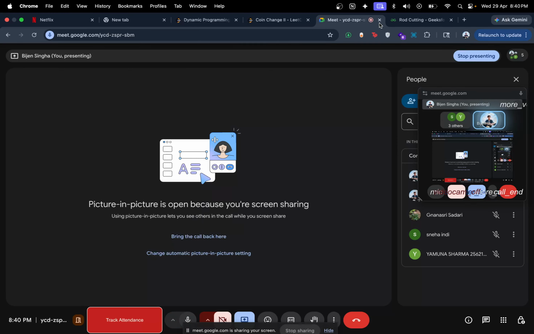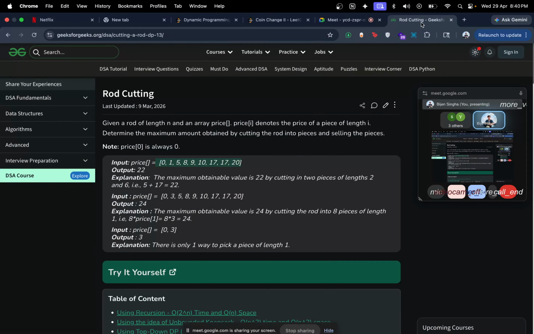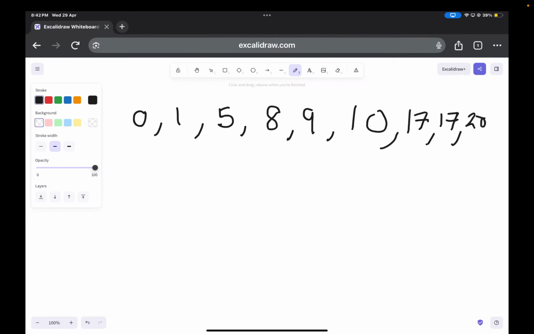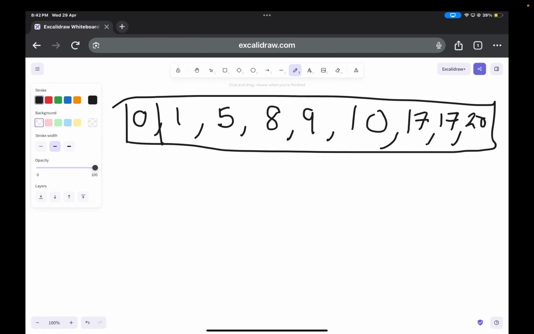Okay, now look at the screen everyone. Can you see the screen? Tell me yes or no. Yes, sir. Okay, now this is the array, and this is the rod.